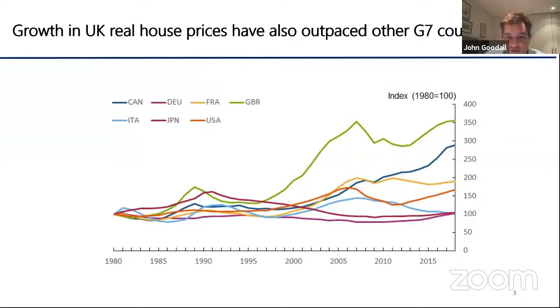And the same is true for a number of other countries, like Italy. Obviously, Canada has increased, and countries like Ireland and Australia at certain times have had very high levels of house price growth historically. But the interest rate bit has generally been common around the world, or certainly around G7 nations. But house prices have differed hugely.